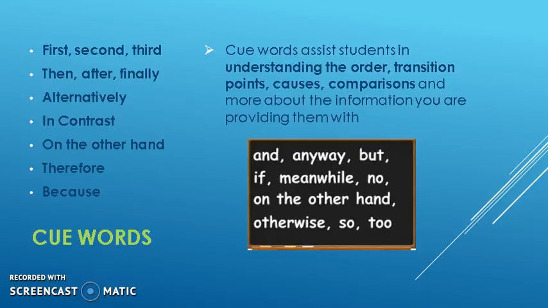Such cue words as that are triggers or cues that the students are to organize the information that you're delivering to them in such a way that first, second, third, then, after, finally, therefore, in contrast, it gives them a context to reference how to organize the information. So cue words are also very important in organizing the information that you're delivering and how the students receive it and organize it and structure it inside of their own minds and notes.